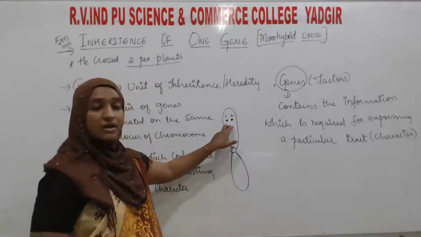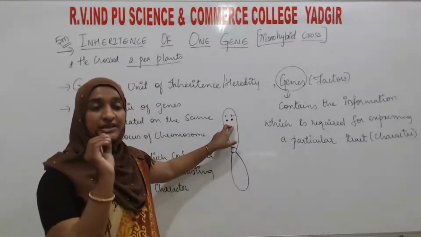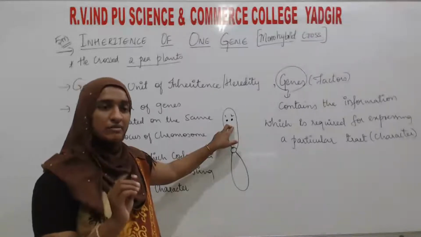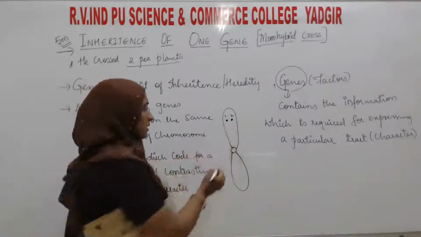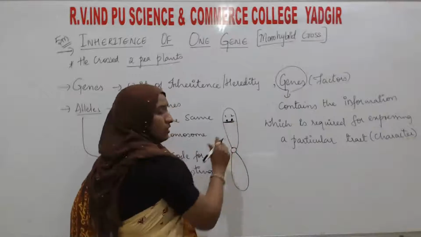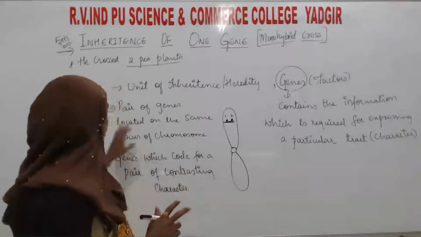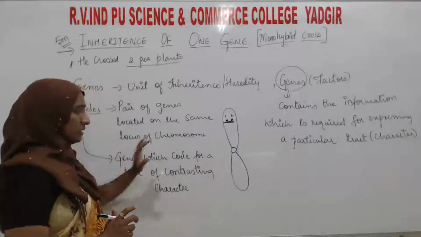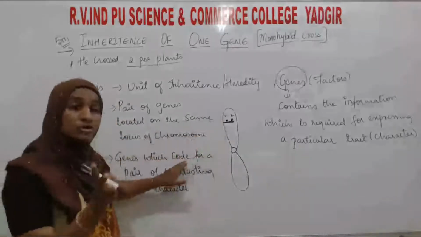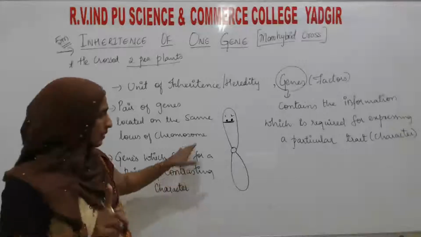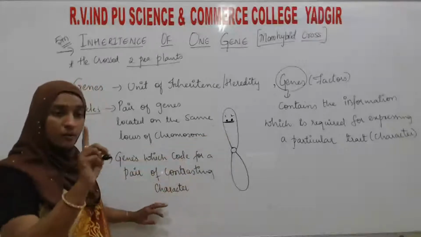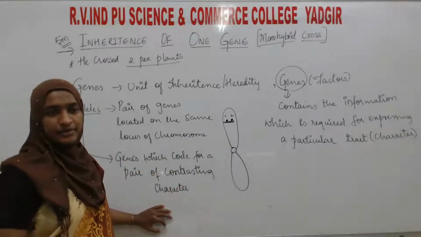This pair of genes is present at the same locus. Same locus means same position. This is the position where both the genes are located. And one more thing, these genes both will code for one contrasting character.